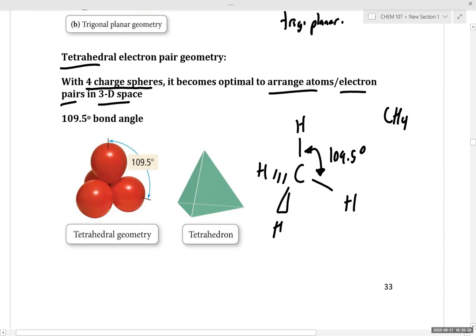Tetrahedral geometries are going to become very important later on in this class, as this 3-dimensional shape can yield very interesting properties and characteristics of more complex molecules that we'll encounter in the organic chemistry section.